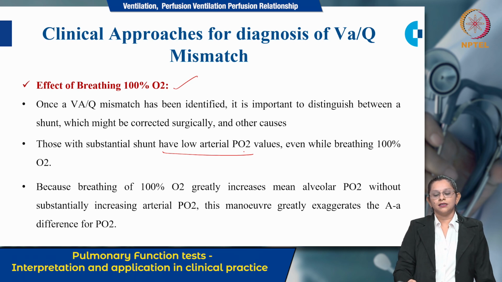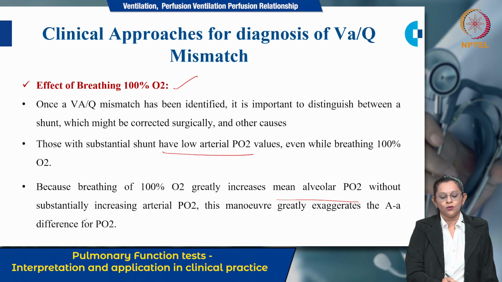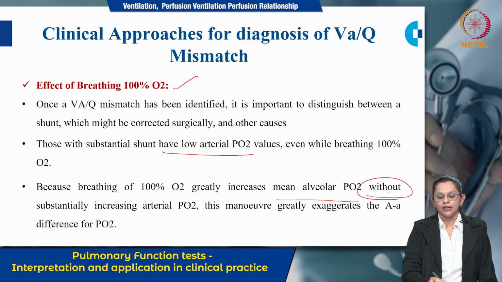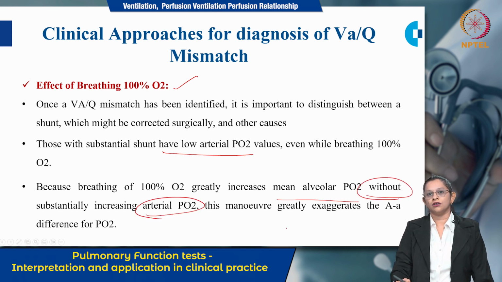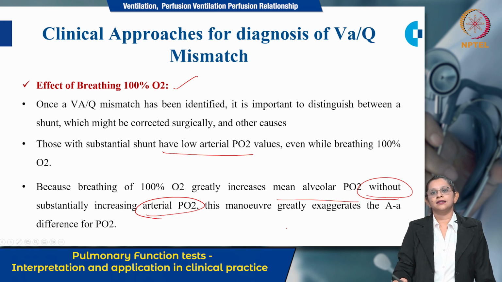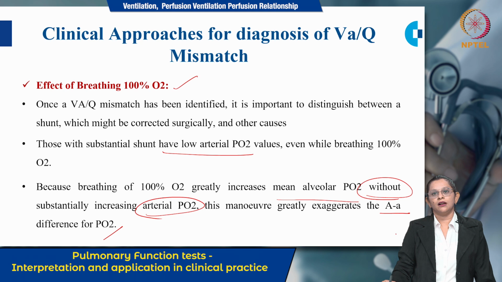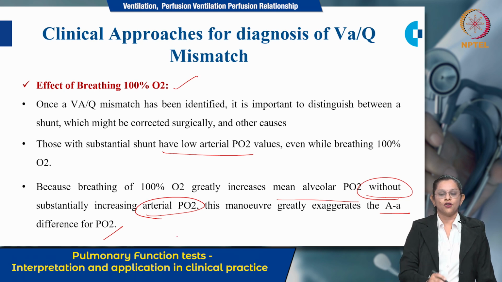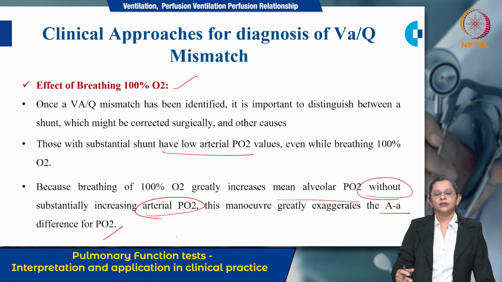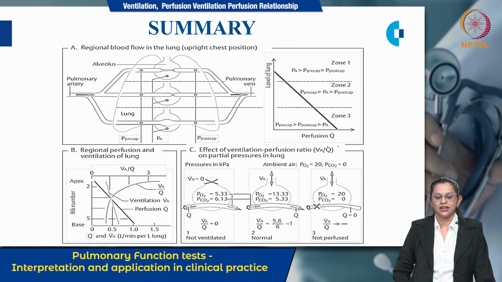Because breathing 100% oxygen will increase the mean alveolar PO2 without increasing, and this is very important, without increasing the arterial PO2 concentration. Therefore, there will be a substantial difference in the arterial alveolar oxygen gradient of PO2. So, this is another way of distinguishing between a shunt which can be surgically corrected and other conditions resulting in VA/Q mismatch.